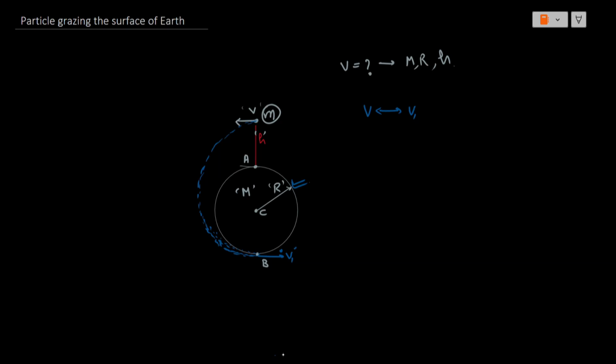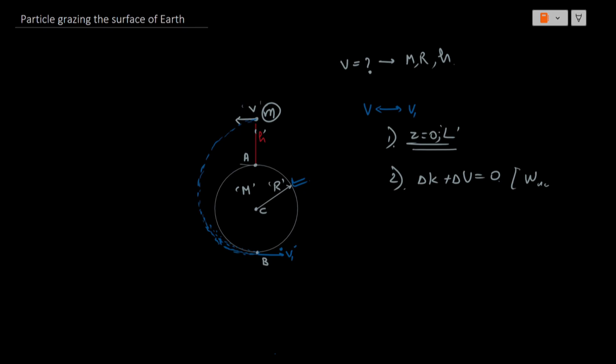That can easily be evaluated by conserving the angular momentum L, since the torque in the entire system is zero, right? So we have the first thing over here which we'll be doing, and then the next will be conserving the energy. Work done by any of the non-conservative forces is zero.